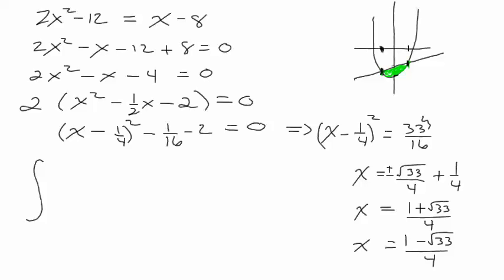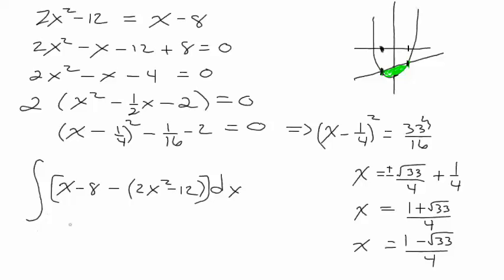Let's go this minus this and see how this turns out. That would be x minus 8 minus 2x squared minus 12. Now if we end up getting a negative number here, you just make it positive because we're looking at the area. Area is always positive.